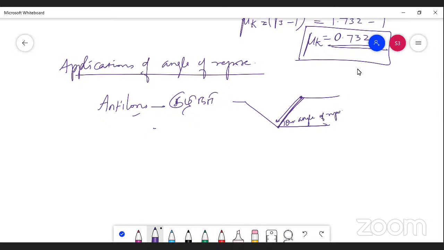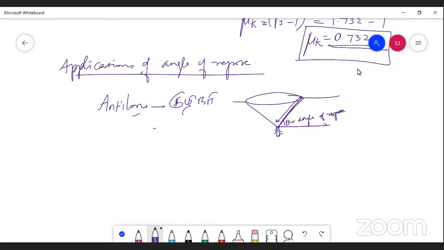So if it is at the angle of repose, what happens? Any insect which comes near the sand trap, which is conical in shape, any insect coming at the edge of the sand trap will be sliding down, where the antlions will be hiding themselves at the apex of the cone. So they can easily catch the insects.